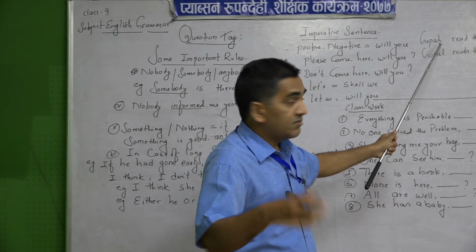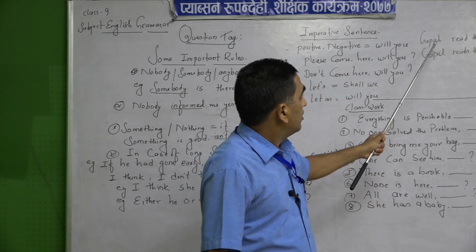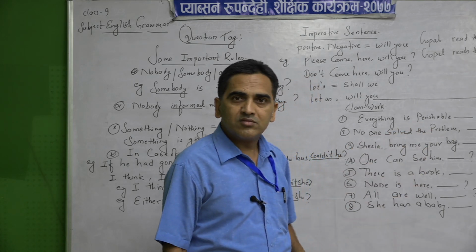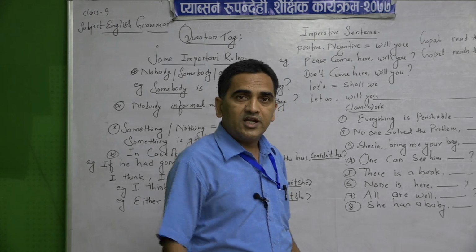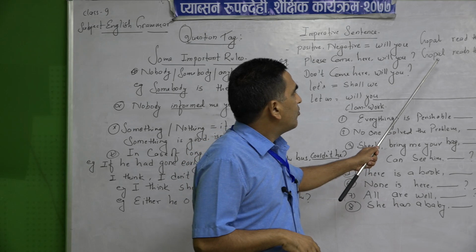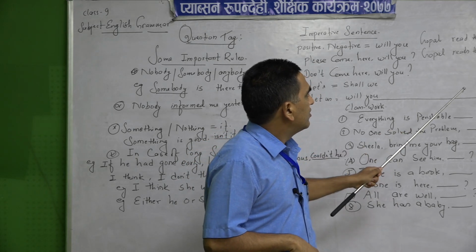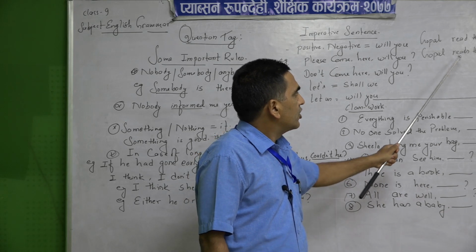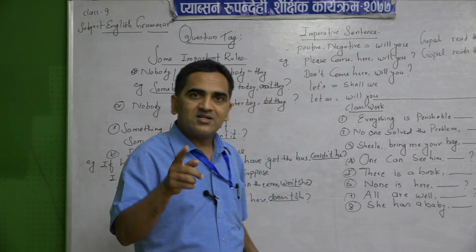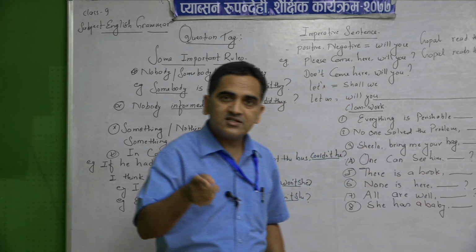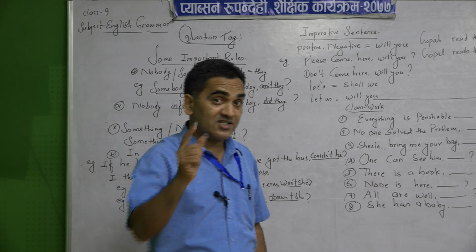Command. So somebody is commanding Gopal to read. So will you? In case of an imperative sentence, we write the question tag will you? But here Gopal reads the book. Doesn't he? It is assertive. No comma is there. Assertive. That's why we say Gopal reads the book, doesn't he? The question tag is doesn't he?